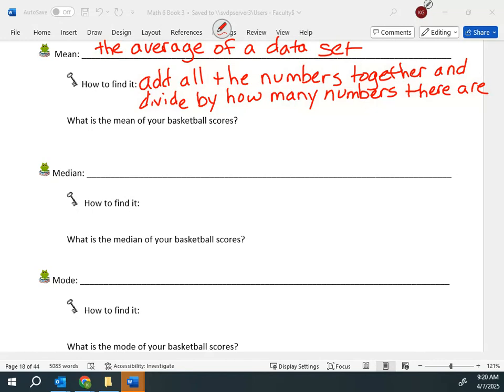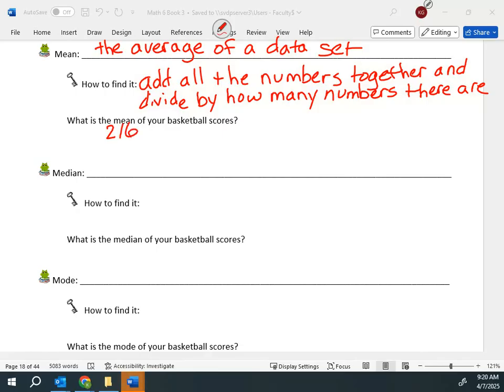So are we going to want to use our calculator? Most definitely. That's a lot of numbers to be added together. When we add all of those numbers up, what did you get, Lila? 216. 216.